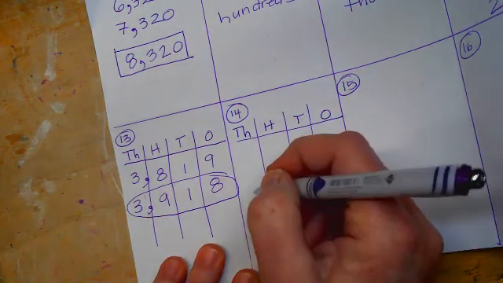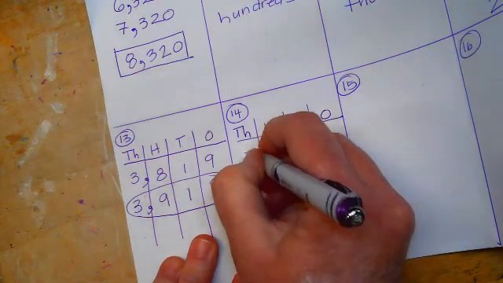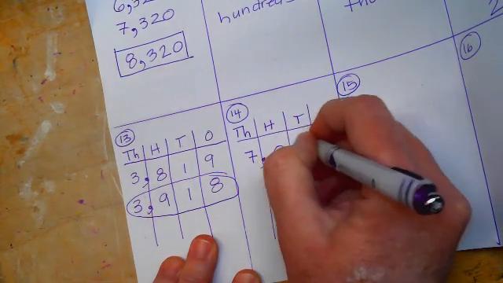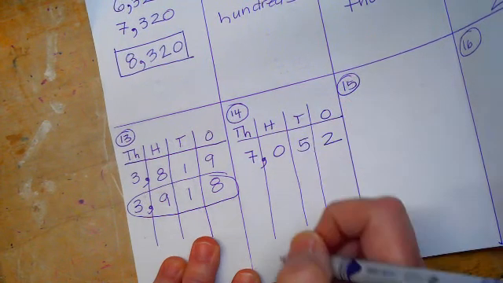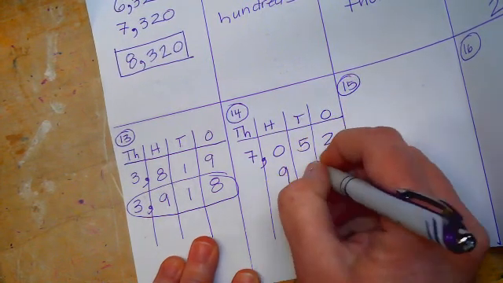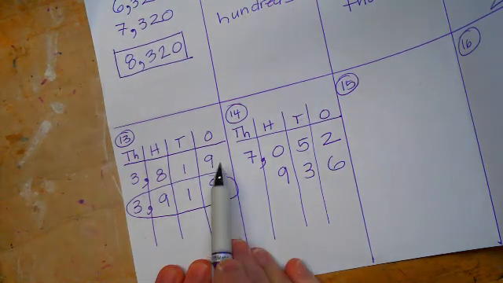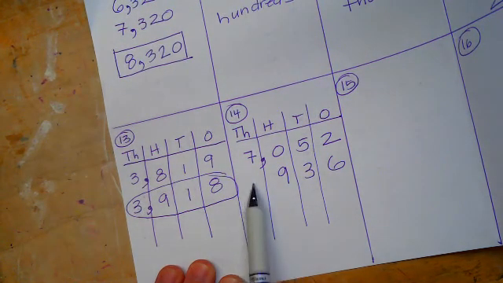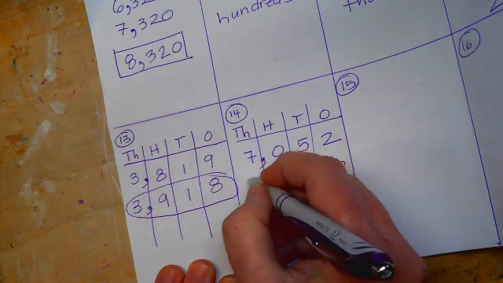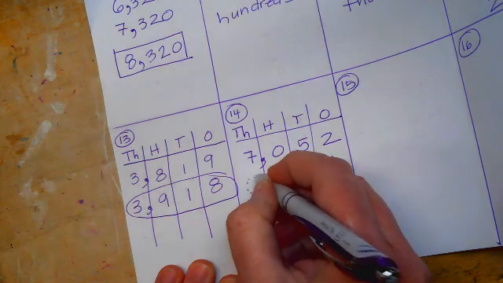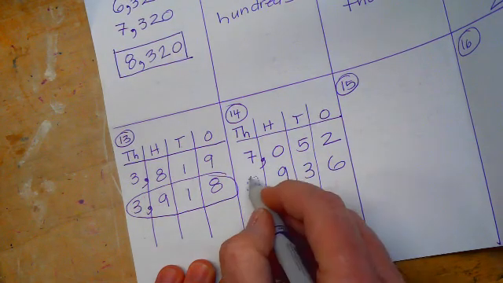Let's do 14. We said I was going to do 14 with you, and then I'm going to go check on the document camera. So I have thousands, hundreds, tens, and ones. And they're asking us which is less this time. So I have 7,052.